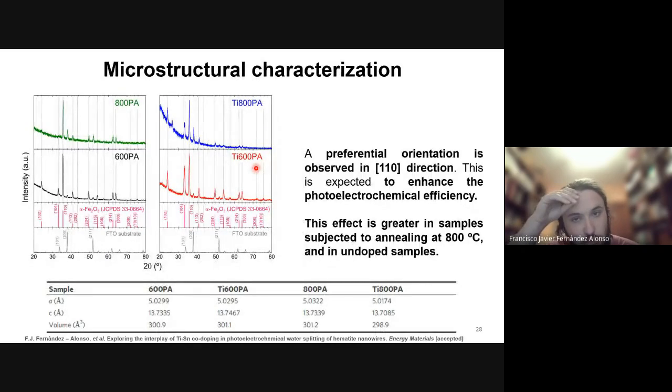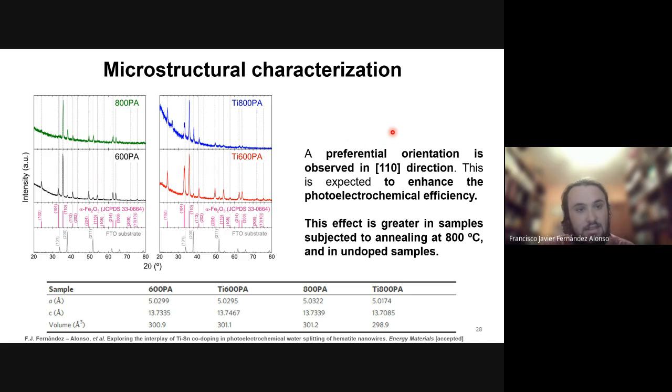We also perform some microstructural characterization. We see how all the samples present a preferential orientation in the 110 direction. This is expected to enhance the photochemical efficiency, since the 001 basal plane has a conductivity about 4 orders of magnitude higher than the direction perpendicular to it.